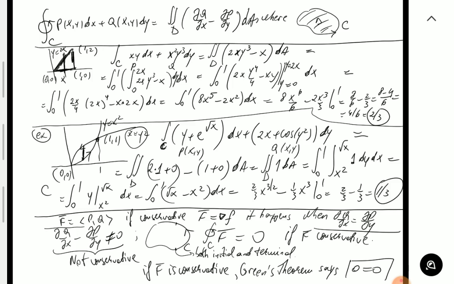On the left, we know it's 0 because for a conservative field on a closed curve, the line integral will always be 0 because of the fundamental theorem of line integrals. The right hand side is 0 because that difference is 0. That is the characterization of conservative fields, right? That dQ/dx minus dP/dy is equal to 0. So of course the right hand side is 0. So Green's theorem only has value if the field is not conservative. So with that, let's call it a day, and we'll continue next time.